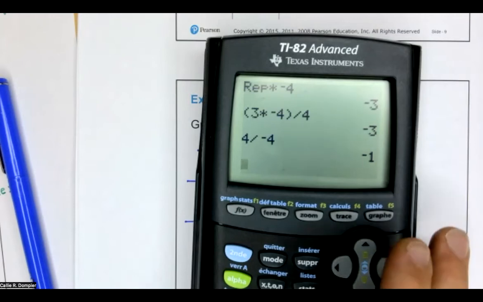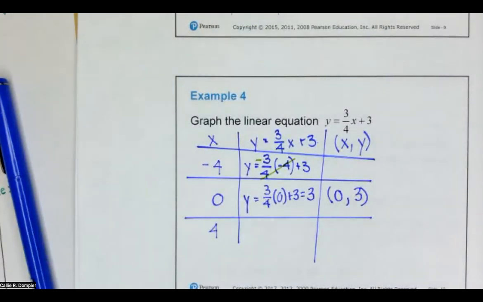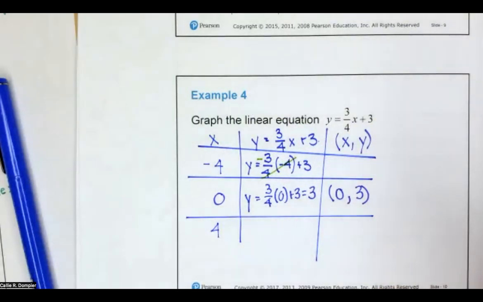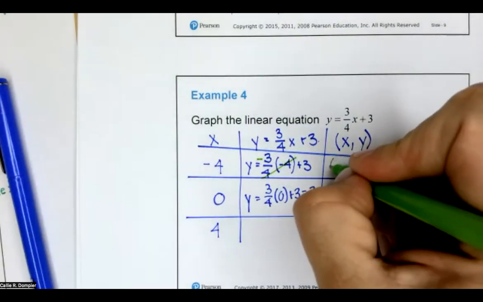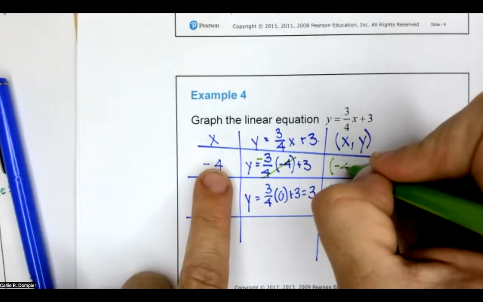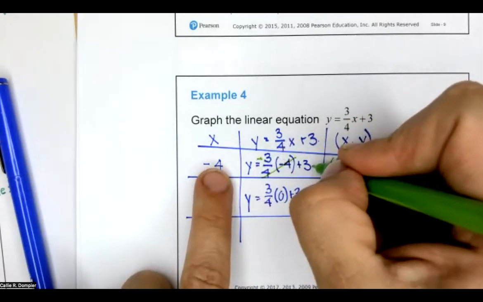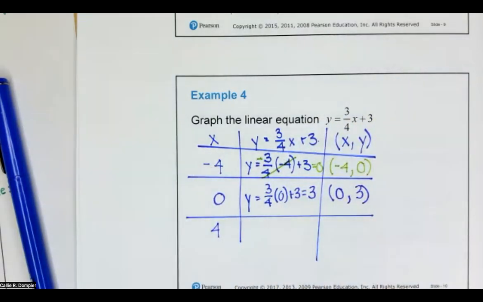Multiply by 3, you get -3. Hopefully that helped and did not confuse you. So -3 plus 3 becomes 0, right? So when x is -4, y is 0, because -3 plus 3 is 0.